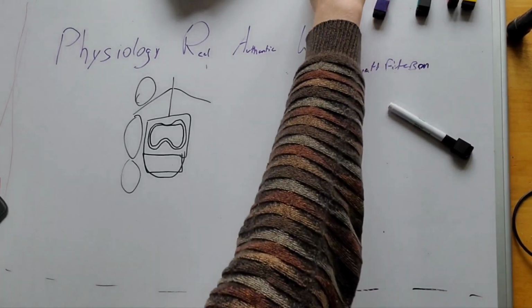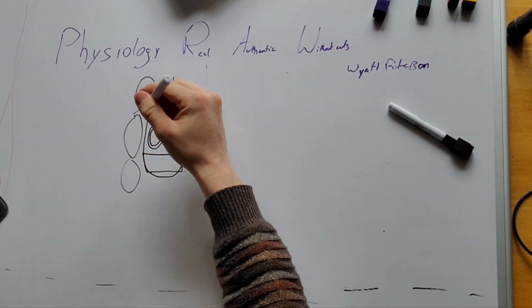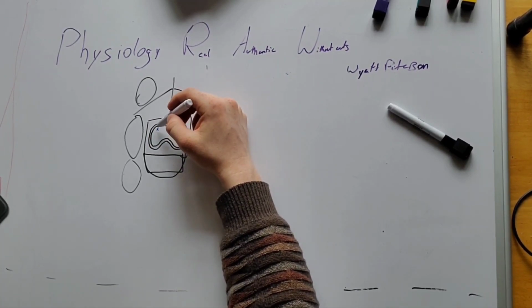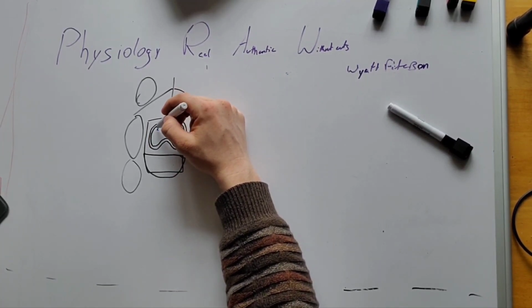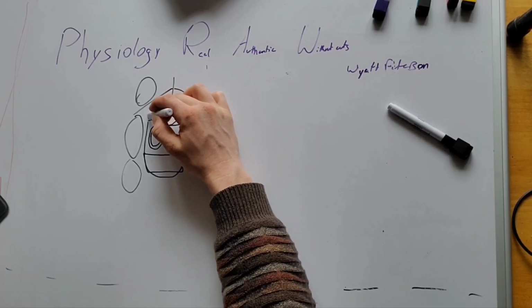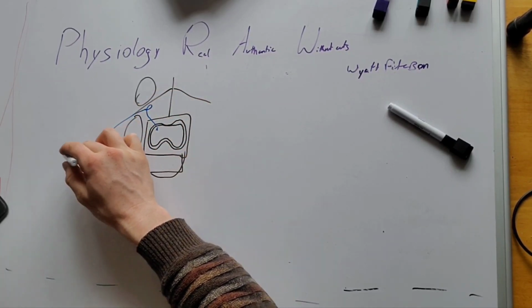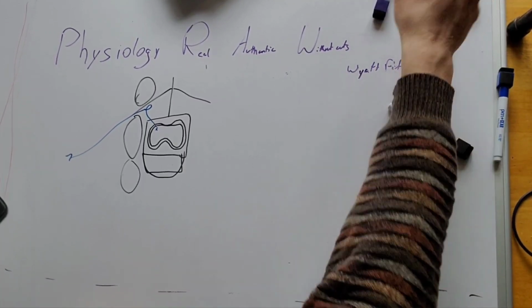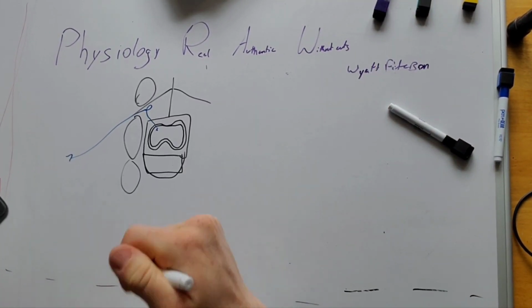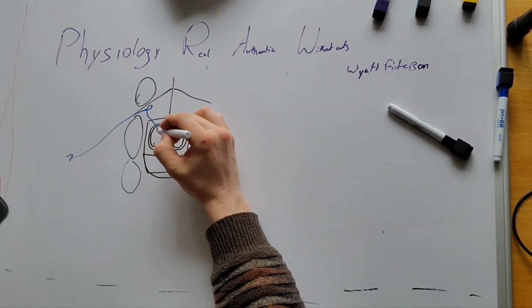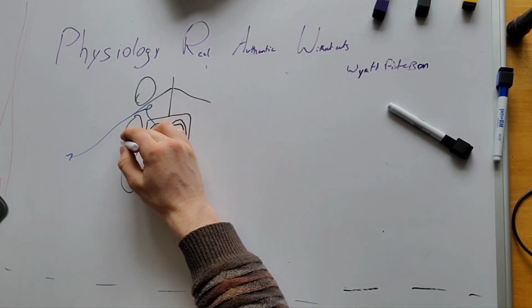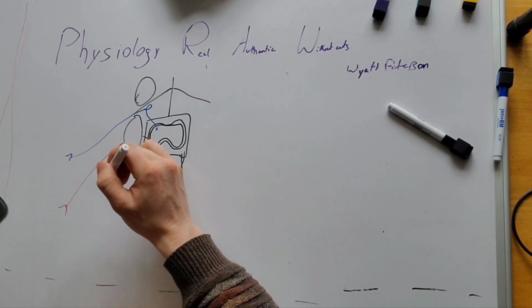So for the sensory, it comes out of the dorsal horn. It's going to go up into a dorsal root ganglion and then go to where it needs to go. This is the motor coming out of the ventral horn. And this one will go straight to where it needs to go.